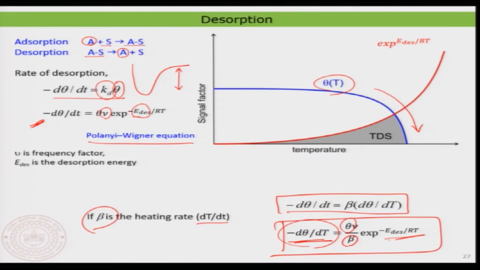Now, you also have an exponentially increasing function because the E des, the desorption energy, has a negative sign in the exponent. So you have an increasing exponential function. The decreasing and increasing functions together give rise to a shape that looks like this, and this is the typical shape of the thermal desorption spectrum, which you have seen in the previous curve, where initially it slowly increases and then it peaks and then it quickly drops down to a very low signal.